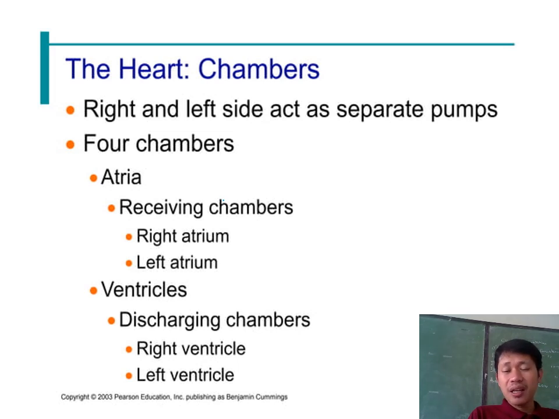And even though they act as separate pumps, they relax and they contract simultaneously, because it's the entire heart that contracts and relaxes, and those chambers are within the heart, no? But comparing the atria and ventricles, on the other hand, they are very different.